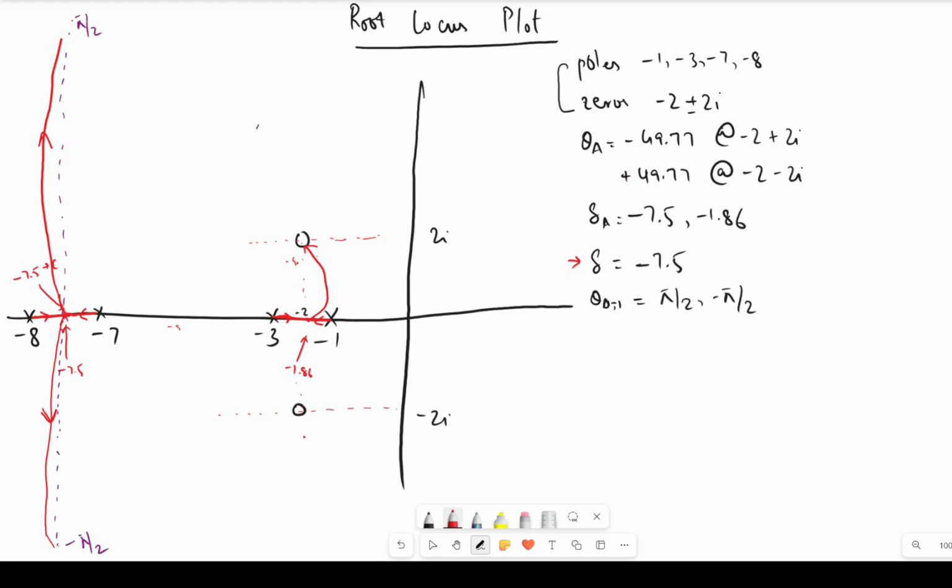And 49 means, if this is 90, then 49 means somewhere here. So this one will come like this. This is our 49.75 degrees, and this angle is minus 49.75 degrees. So we used all the values in the manual sketch of the root locus plot.